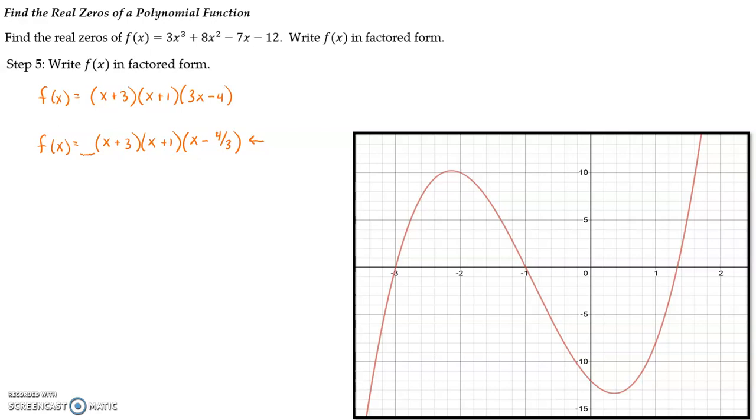Our first term was a 3x cubed, and if you look at this form, we can multiply x times 3x, right? And that gives us that 3x cubed. If we did the same thing down here and multiplied x times x times x, we only have x cubed, and we're missing the 3.